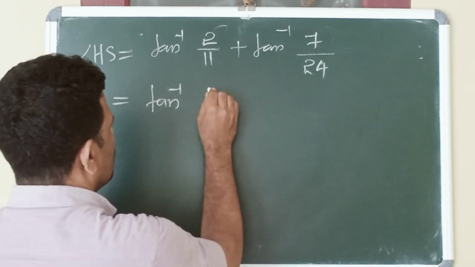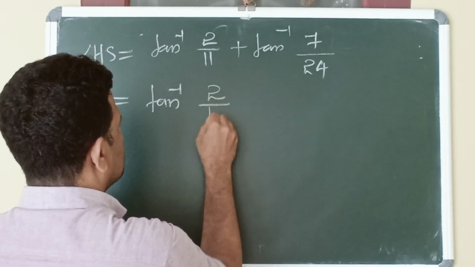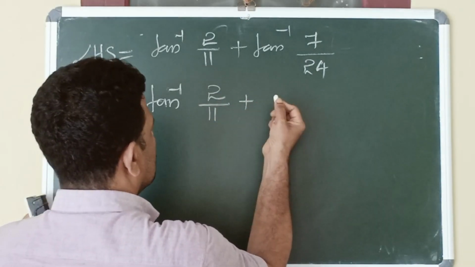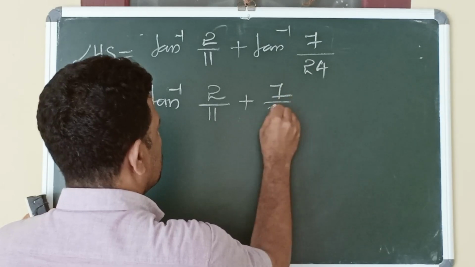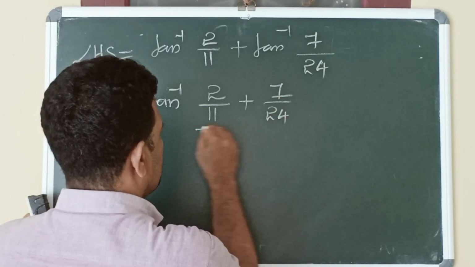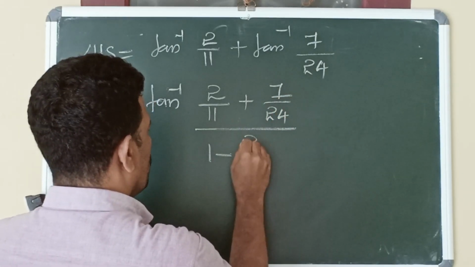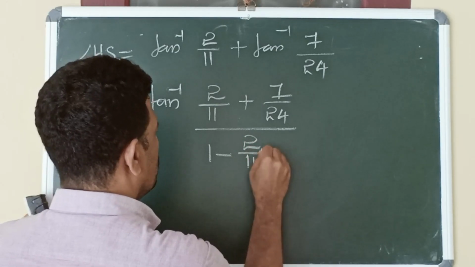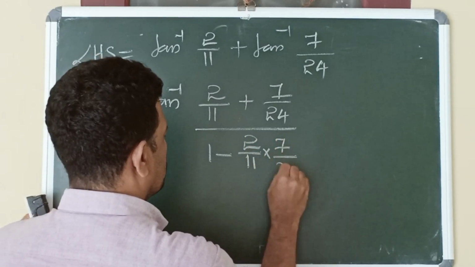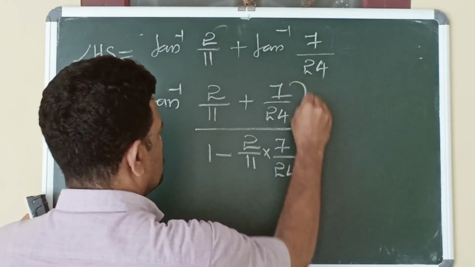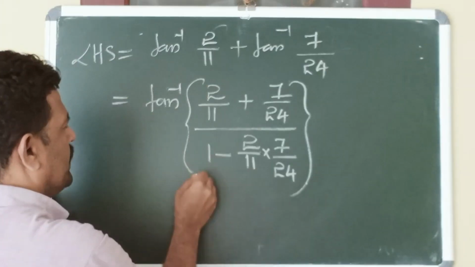Applying the property, we can write it as tan inverse of (2 by 11 plus 7 by 24) divided by (1 minus 2 by 11 into 7 by 24).